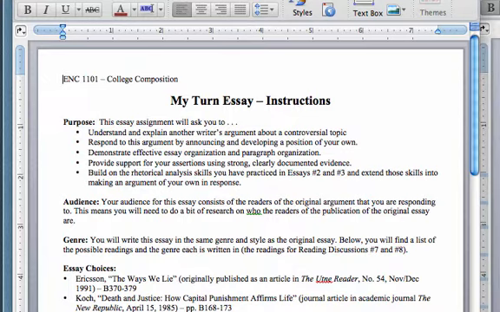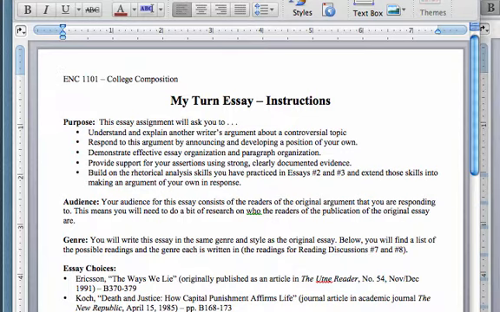We've done two types of rhetorical analysis, the visual analysis and the analysis of an argument, a speech or a written argument. And now you're going to incorporate those analysis skills with making your own argument.